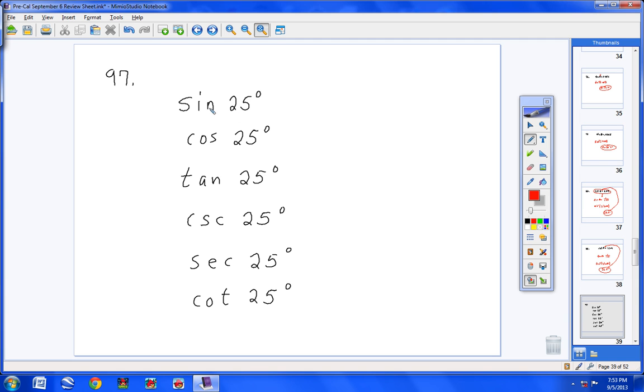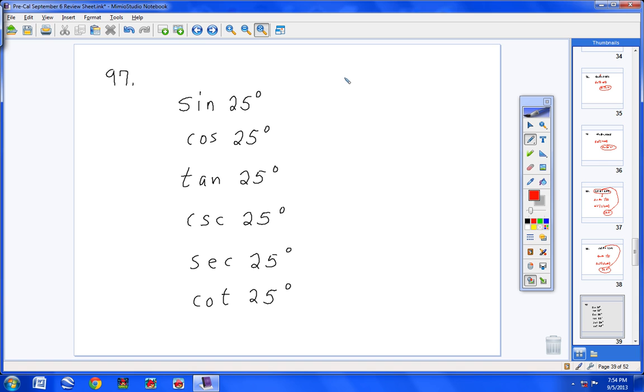Think about that. 65 plus 25 does equal 90. So I want to find the sine of 25, and it says not to use a calculator. It says given those 6 values there, use those 6 values to help you find the 6 values of 25 degrees. So we're dealing with cofunctions.